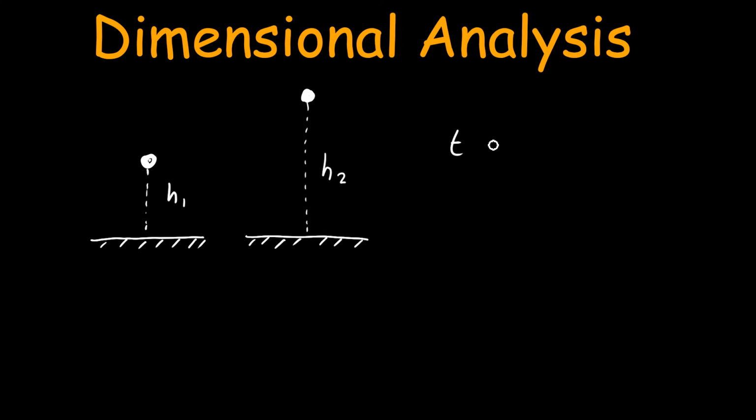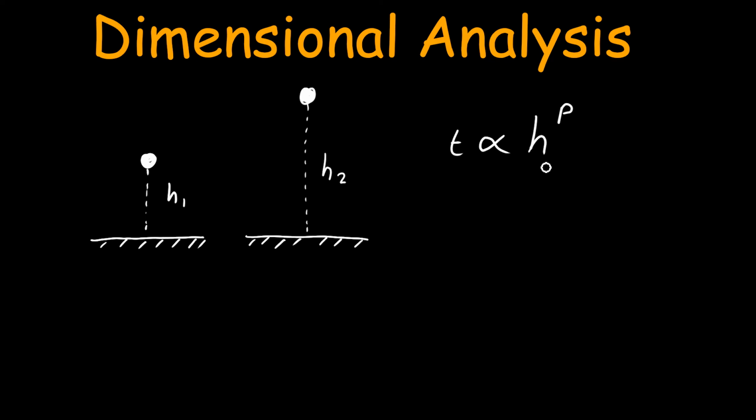So in other words, what is time proportional to? What factors are going to affect this ball here under a gravitational field? Well, the height is definitely going to be a factor here. But we don't know how it varies with height.